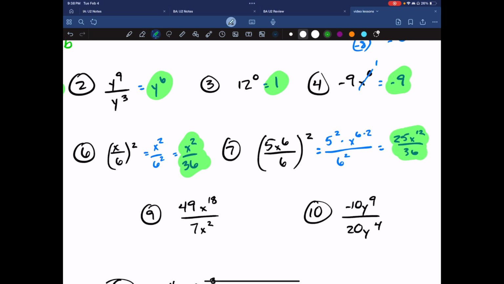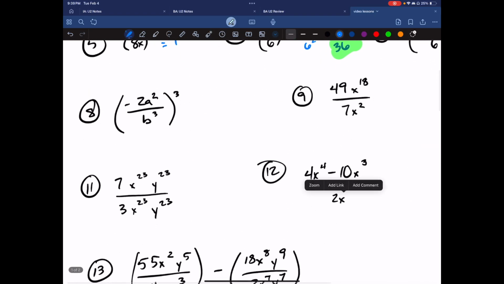Okay, and just like before, when you multiply fractions, if you can reduce at the end, you can reduce before you multiply. Same thing here. If I can reduce before I apply the exponent, great. That means I can reduce at the end as well. But if I can't reduce here, then I can't reduce in the end. So this is not going to reduce. I can move on.